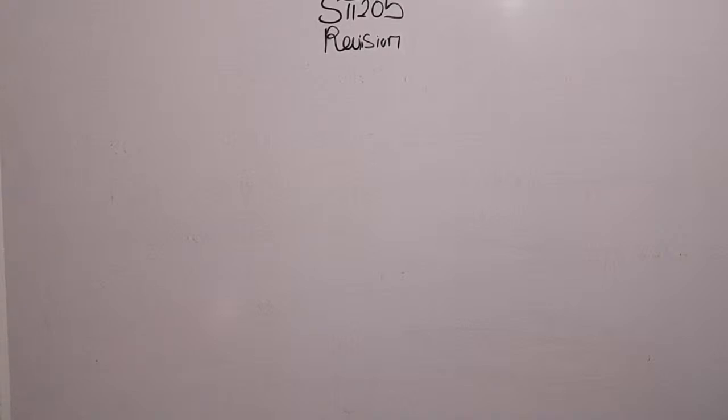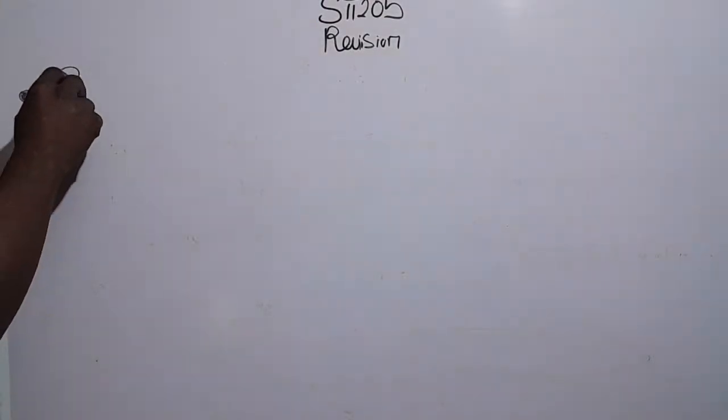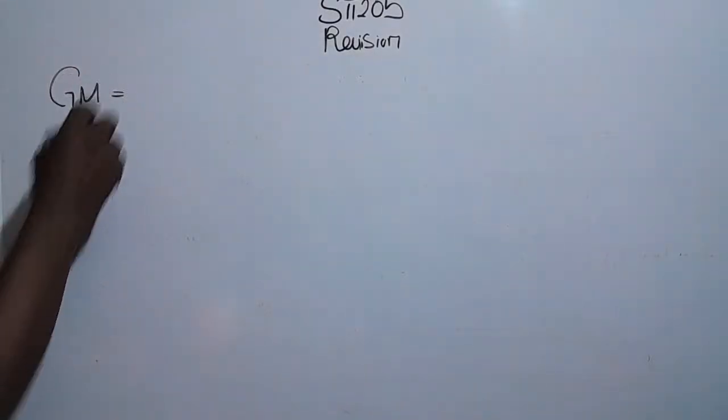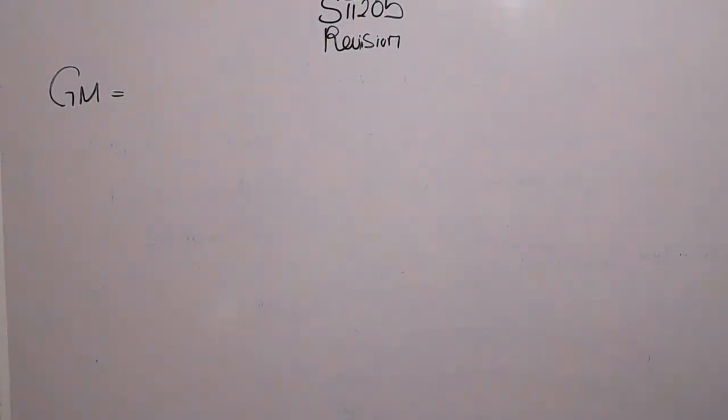The first thing we want to talk about, something I noticed that we have not done much on, is called GM, which is geometric mean. And there's a simple formula for GM.